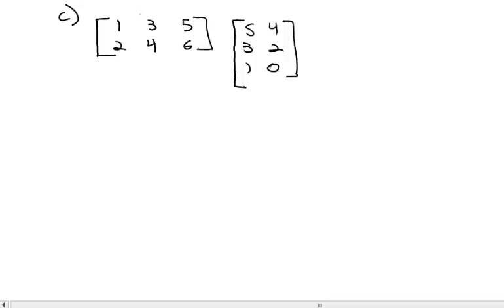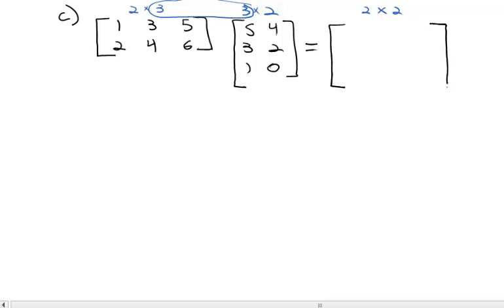Now you'll see this first matrix has 2 rows, 3 columns. The second matrix has 3 rows, 2 columns. The middle numbers match. Our solution is going to be a 2 by 2 matrix.